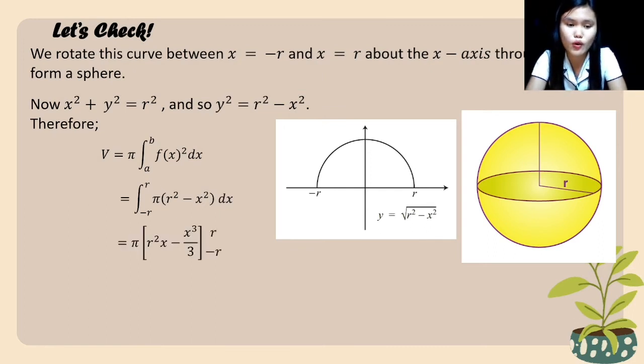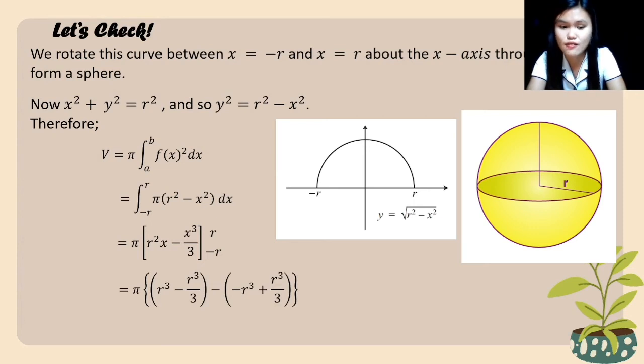Now, using integration, we'll have pi times r squared x minus x cubed over 3, evaluated from negative r to r. If you ask why it is 3 here, x cubed from x squared, it is because we integrate the given value, right? As you remember how to integrate, that is why x cubed over 3. Next, we evaluate from negative r to r.